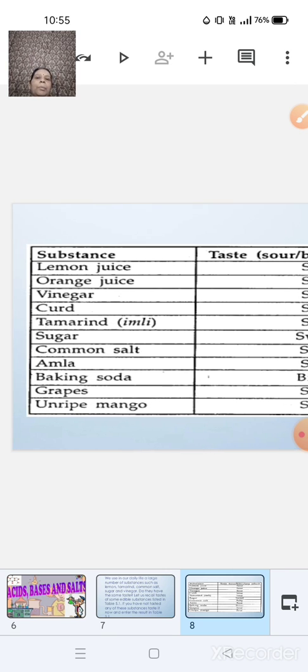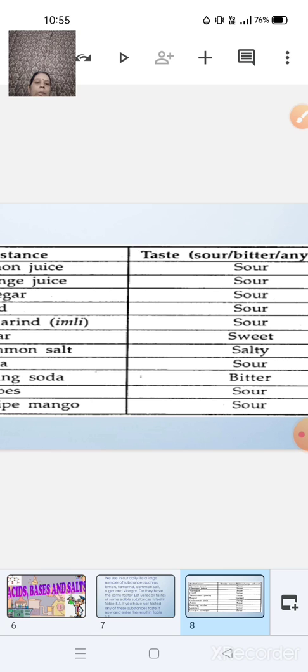Children, if you remember, in one of the chapters we studied that it is our tongue which has the taste buds that help us in recognizing the taste of our food. So we'll start with lemon juice.